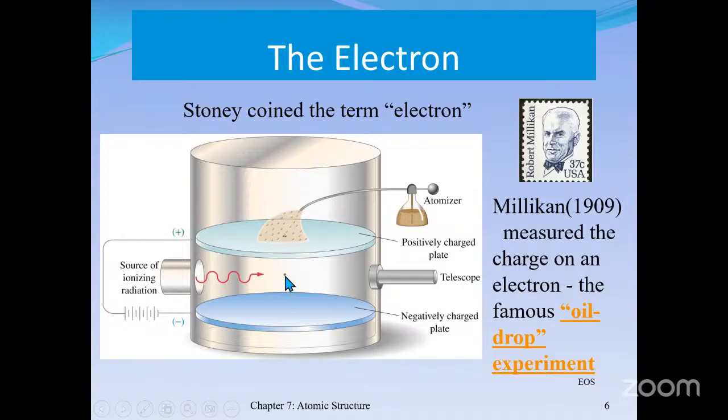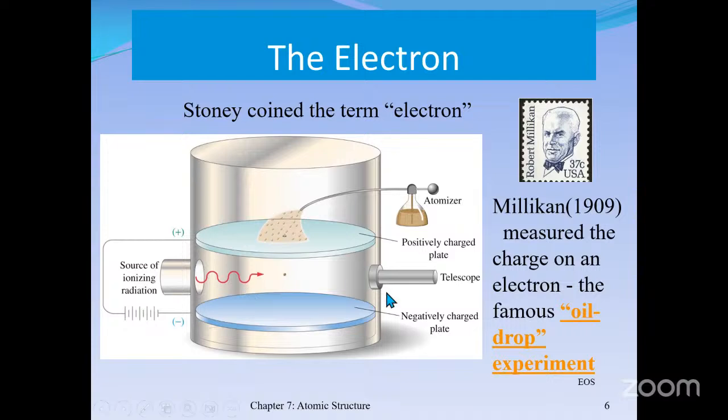So the oil drop will actually suspend in air between those two electrodes. Based on that suspension, we can conclude that the force of gravity acting on the oil drop, going downwards, would be equal to the electrical force, which is responsible for pulling the oil drop upwards, right? So based on those two facts, then we can do some calculations.